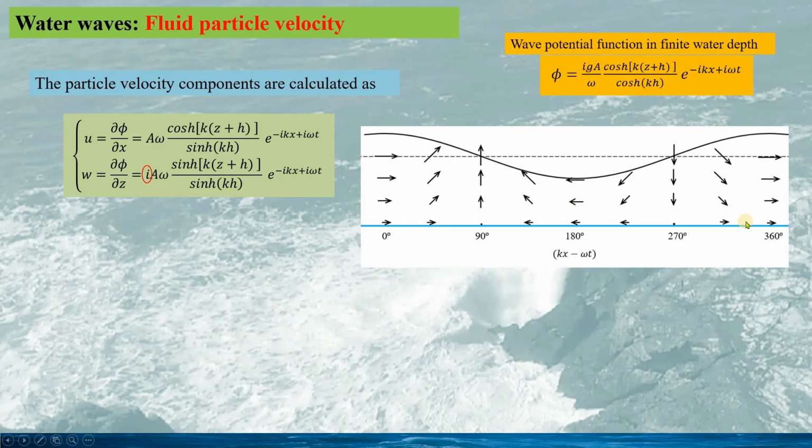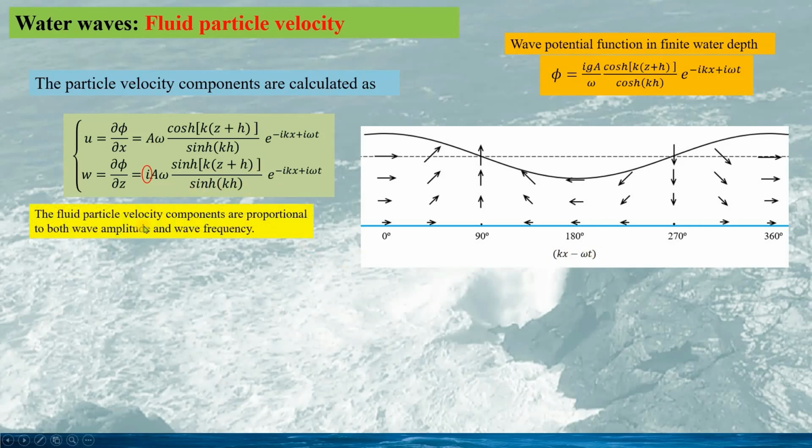If we draw out the velocity vector, we can see the velocity vector would depend on z, the vertical position in water, and the phase given by kx minus omega t.